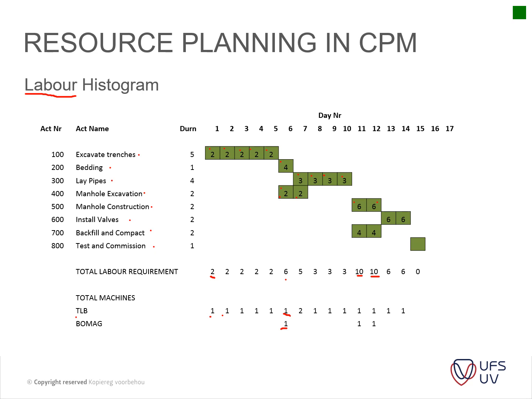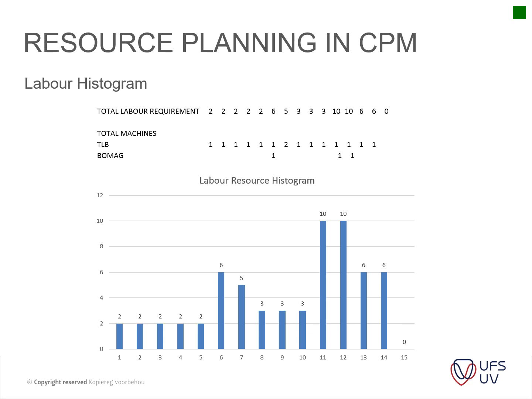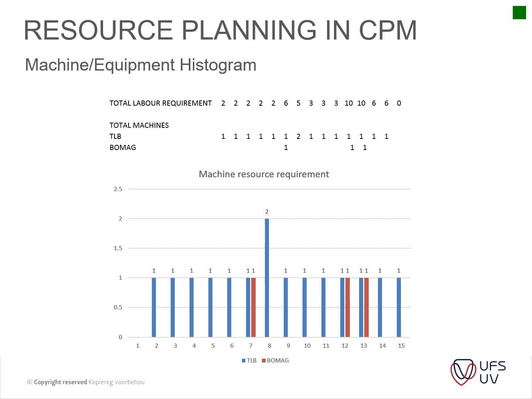So on your labor histogram, you can see we've got these 2 extremities here, but we know we only have 8 laborers available. So there are already too many laborers on that day, and you need to do resource leveling there. With regard to the TLB, the same applies.